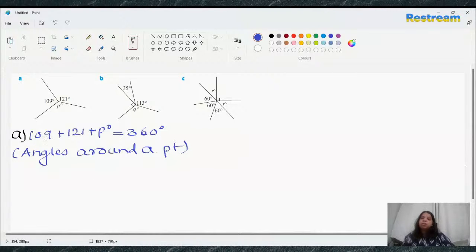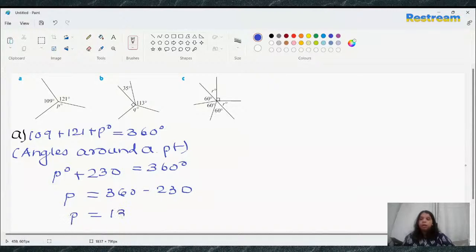So 121 plus 109 is 230. So p degrees plus 230 is equal to 360 degrees. So p is equal to 360 minus 230, which is equal to 130 degrees. Okay. So this is our answer for question A.